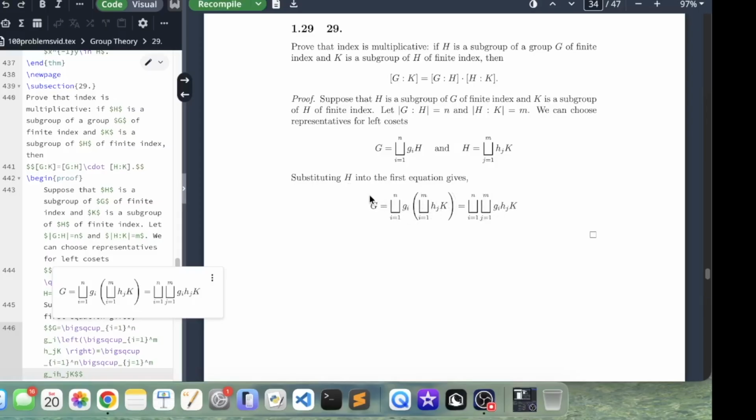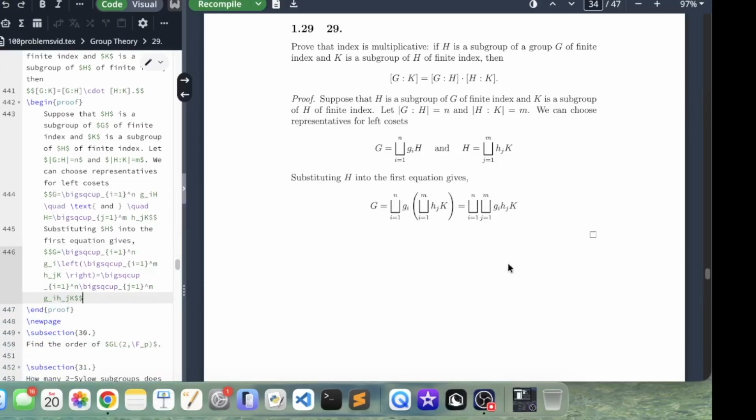We get G expressed as mn left cosets of K, because we know there are n left cosets for this one, and we know there are m left cosets for this one, and because we're multiplying them, there are m times n possible choices. We just have to make sure that each choice is distinct, and then we can conclude what we want.